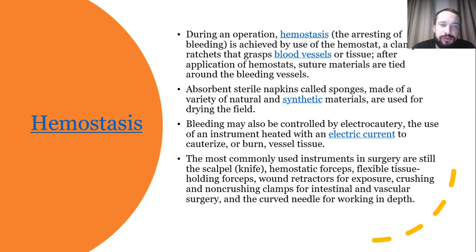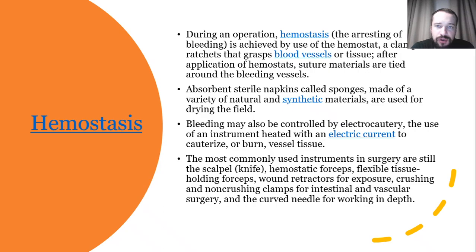The next term that is important for us is hemostasis. During an operation, hemostasis, the arresting of bleeding, is achieved by use of the hemostat, a clamp with ratchets that grasps blood vessels or tissue.